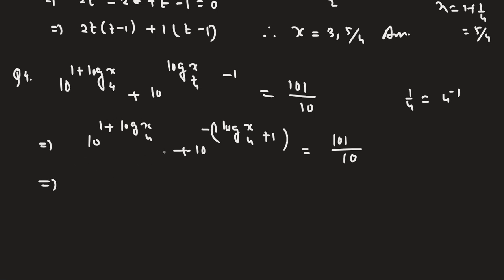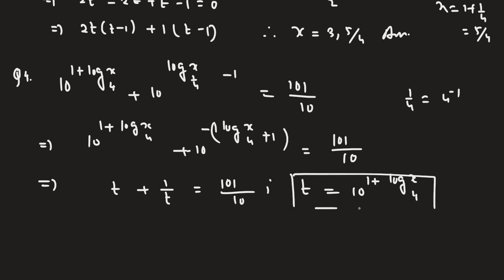Consider this whole number as t. So t plus 1 by t equals 101 by 10. So what we have here, t is equal to 10 whole power 1 plus log x base 4. This is our t. We assume this one.